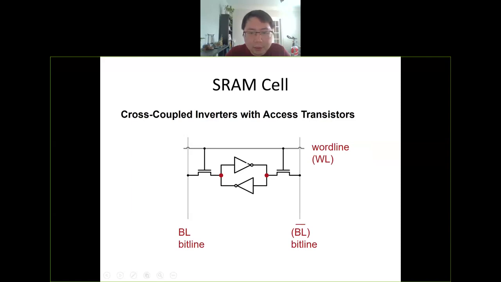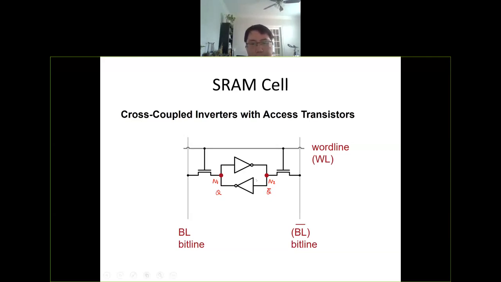Here you see those 2 inverters in the middle, and they are connected in a loop. For example, this is the N1 node, this is the N2 node. You can store the information, for example, Q at N1, then the N2 node will be Q bar.